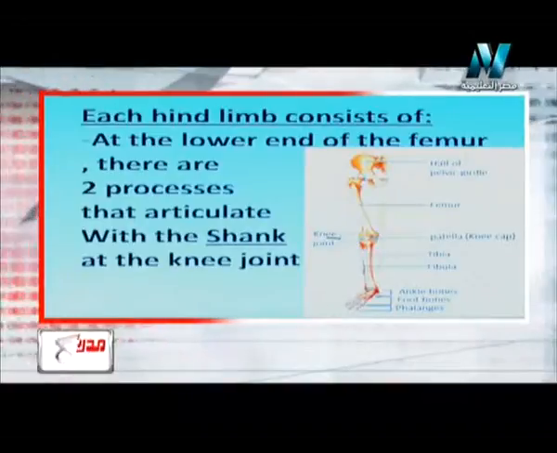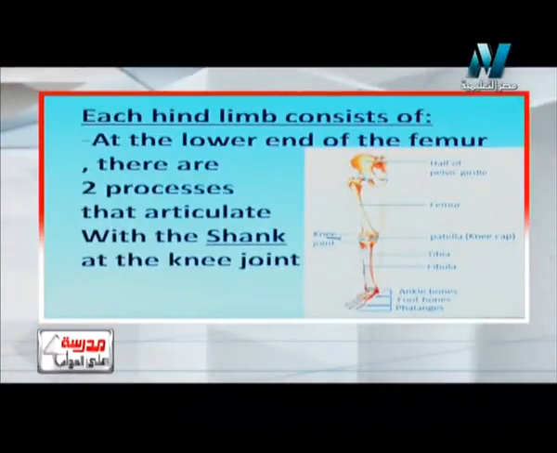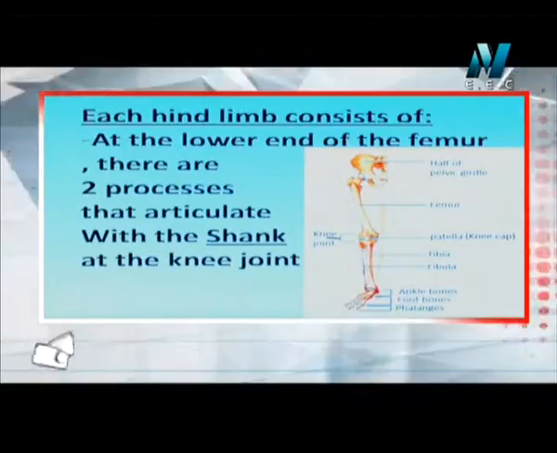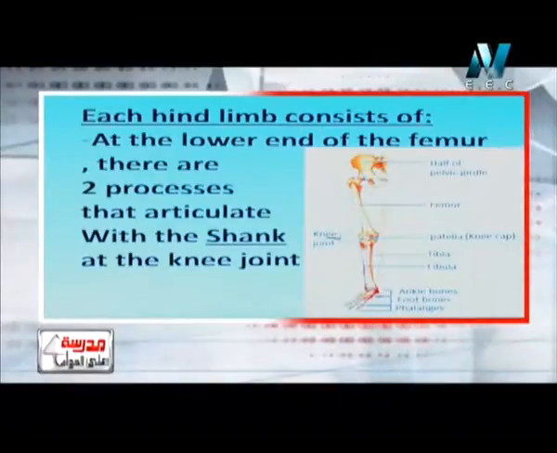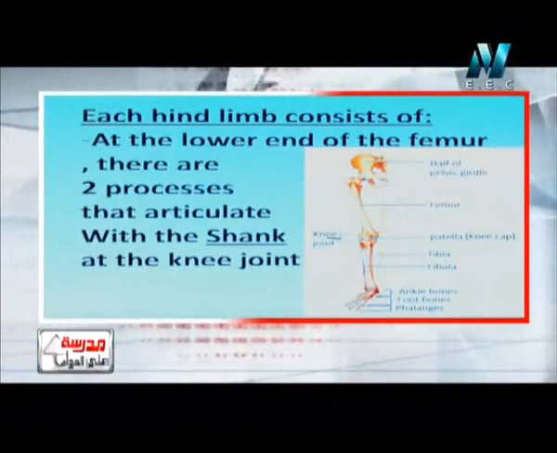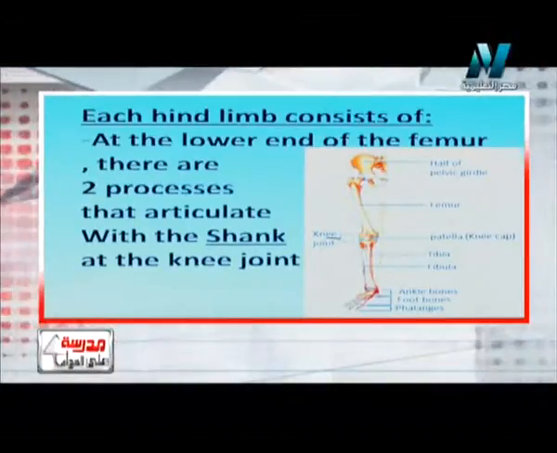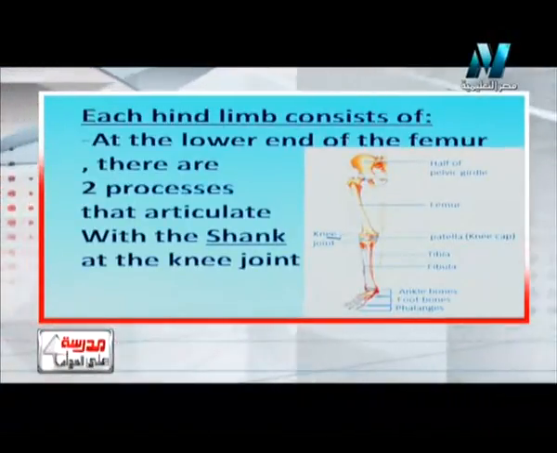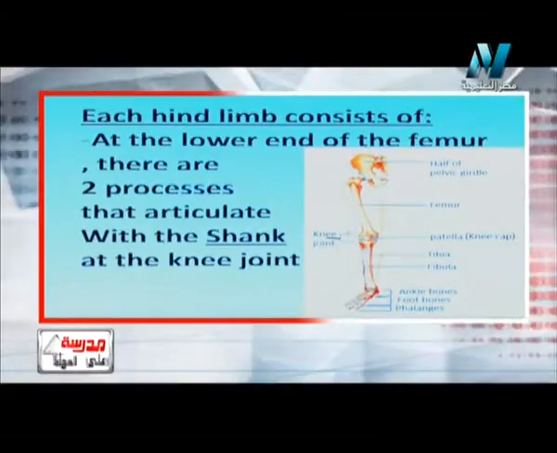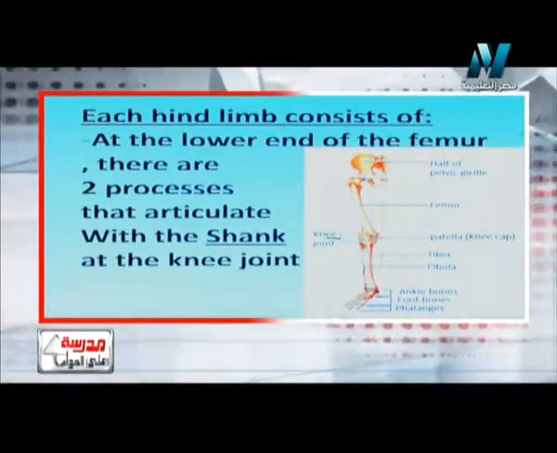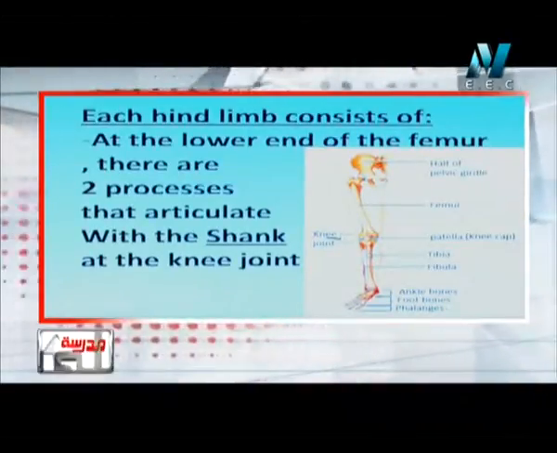At the lower end of the femur, there are two processes that articulate with the shank at the knee joint. Here, this is the knee joint, which makes the femur articulate with the tibia and fibula bones.